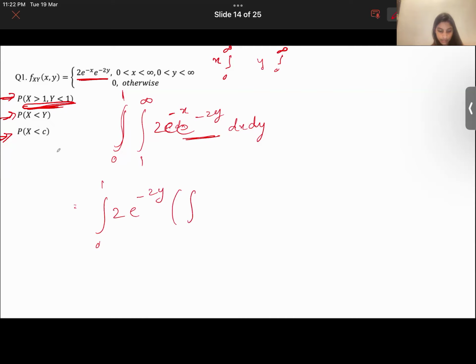In your inner integral, you have 1 to infinity of e power minus x dx. When you integrate this, you'll get minus e power minus x.